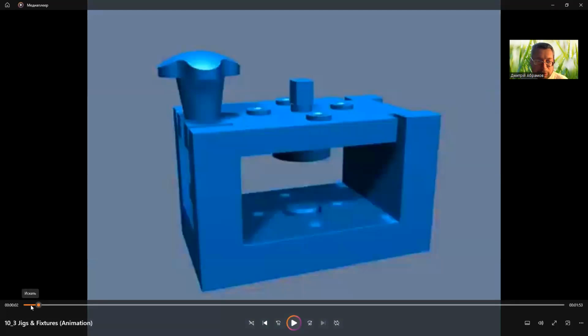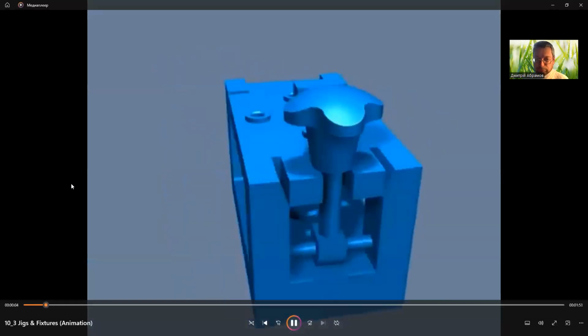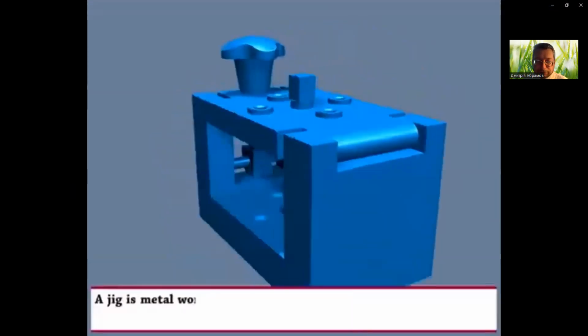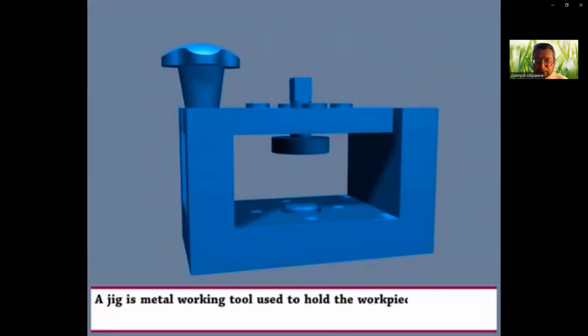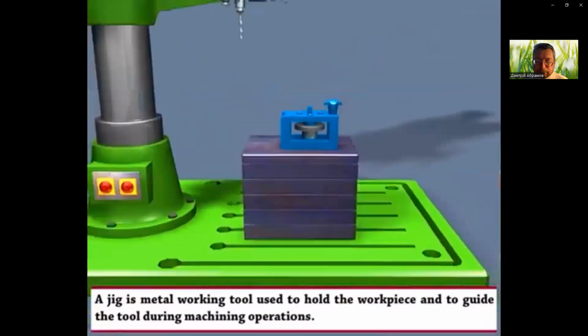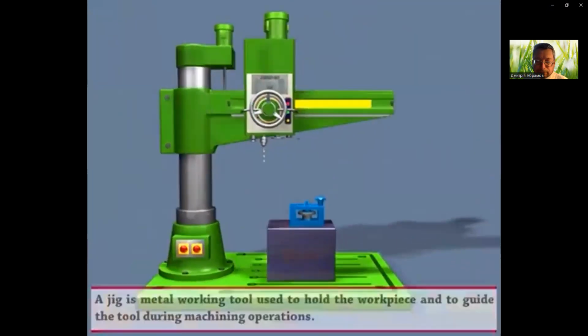It's a jigs and fixtures animation. Let us see the 3D model of a typical jig. It's a typical jig. A jig is a metal working tool used to hold the workpiece and to guide the tool during machining operations.